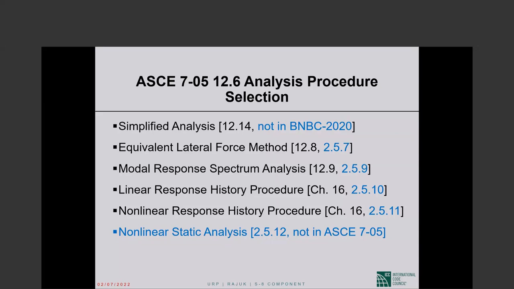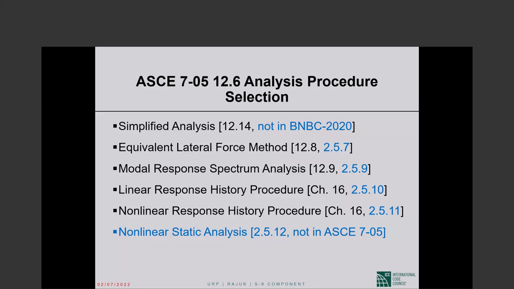IBC doesn't. Anyway, BNBC 2020 has spent a lot of time on nonlinear static analysis. This is something I will not go into. You probably have more familiarity with it than I do. In any case, I did want to mention that the procedures are somewhat different.